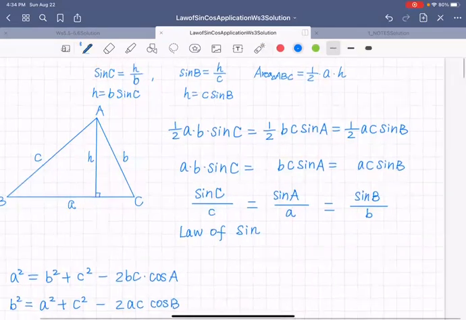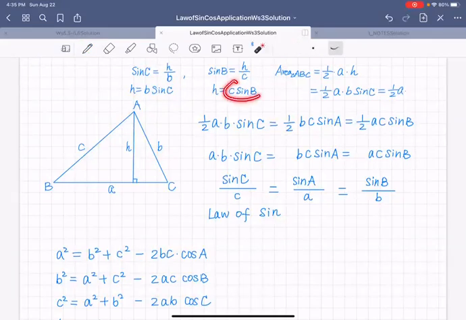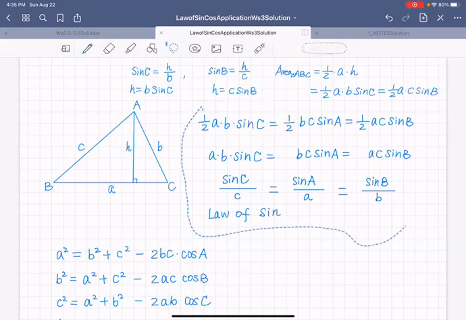Now H is B times sine C, so the area is 1/2 A times B times sine C, or 1/2 A times C times sine B. Make sense? Yes, this makes sense.